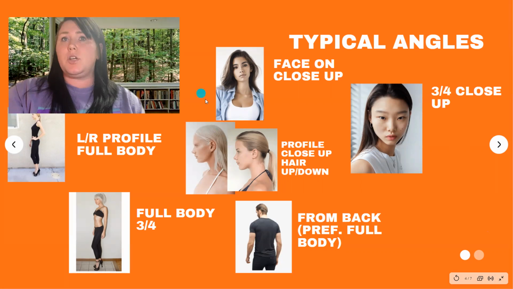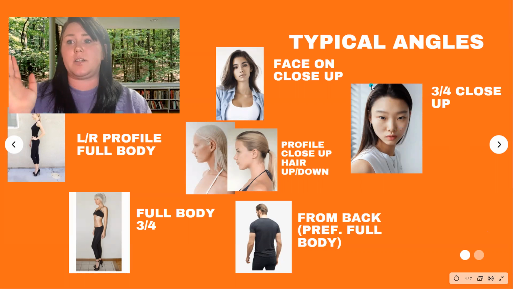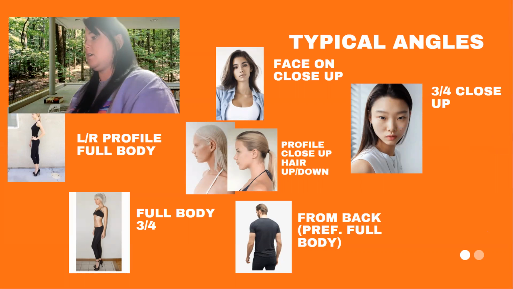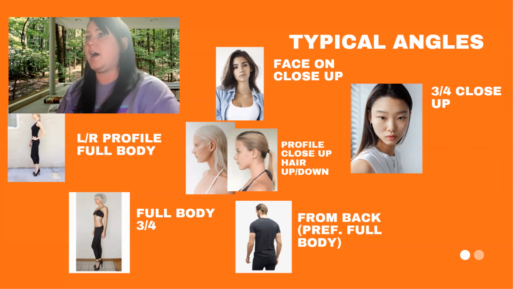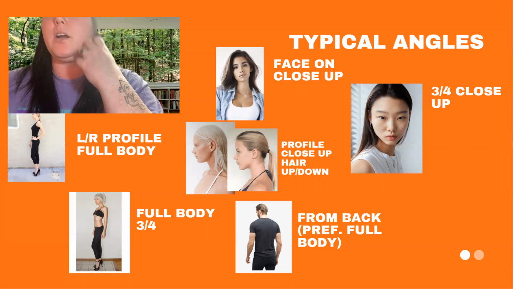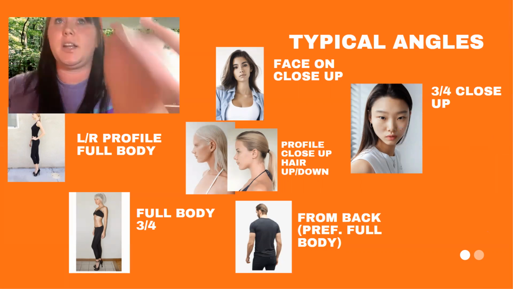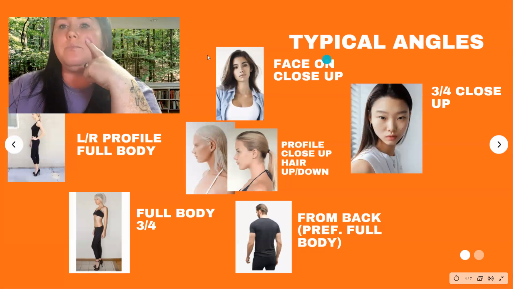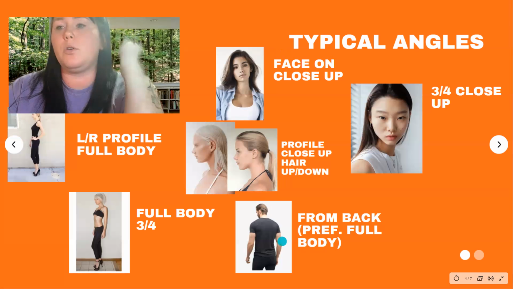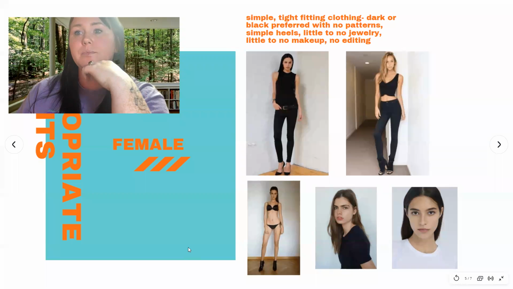And the last one is a 3/4 close up, facing this way and kind of looking like that. Those are the typical angles you want to do, and you can experiment with that, but this is the most common that you see.